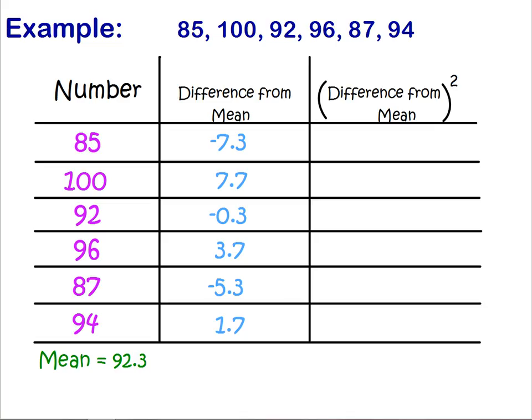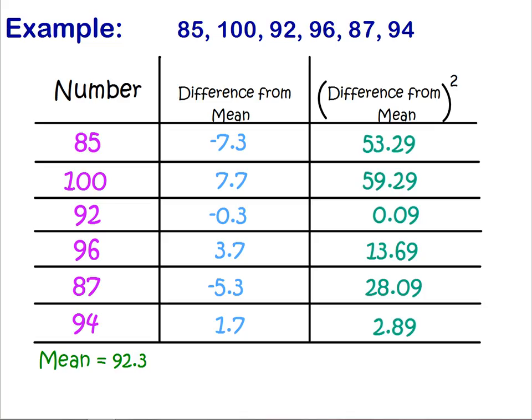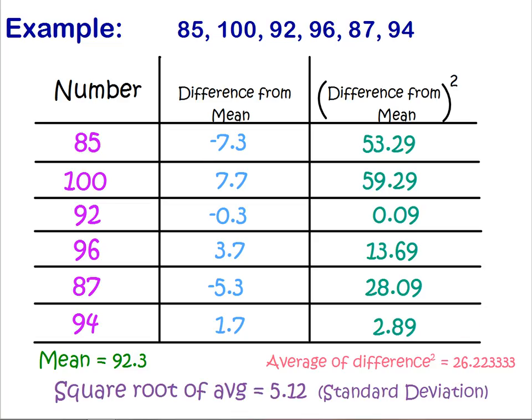I take that second column and I square every number. I'm going to average that third column. That number is my variance. And when I square root that number, I get my standard deviation.